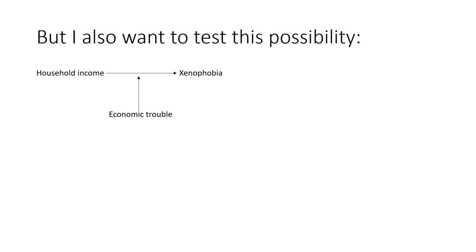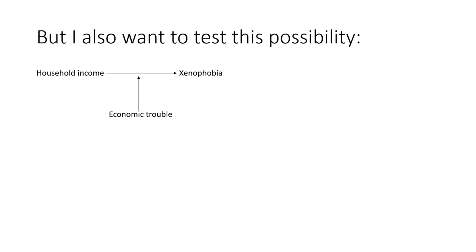Two households with the same income may be very differently financially situated because some households are in debt, have their own apartments or have to rent, and there may be all sorts of reasons to expect that the same income level does not necessarily imply the same economic trouble.